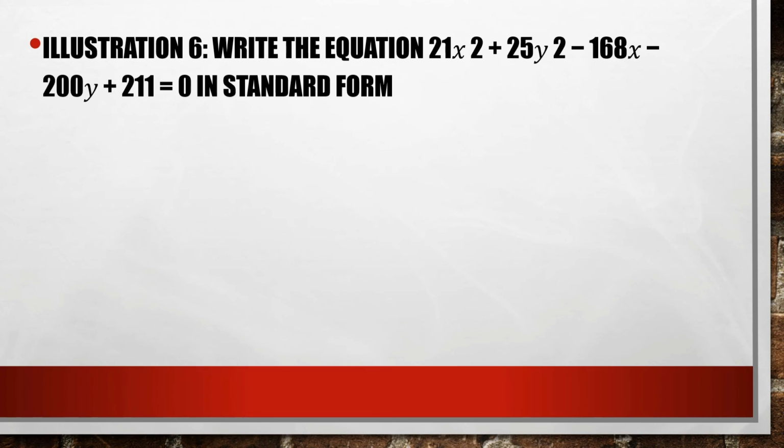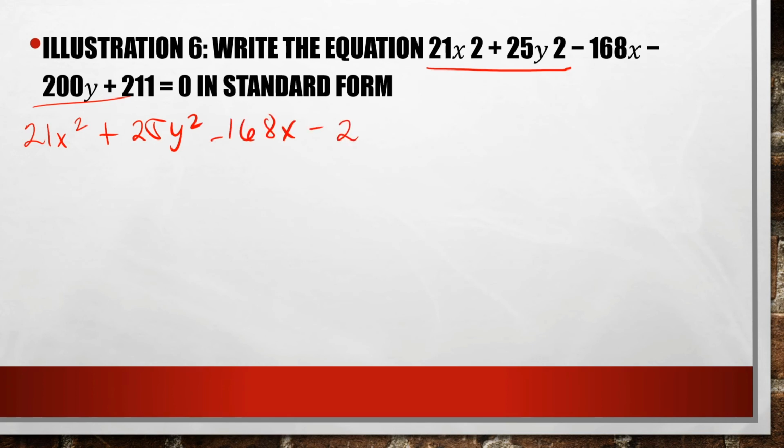So, ito naman, given is yung general form. So, ito transform natin siya sa standard form. Sulat na natin ulit yung given: 21x squared plus 25y squared minus 168x minus 200y plus 211 equal to 0.